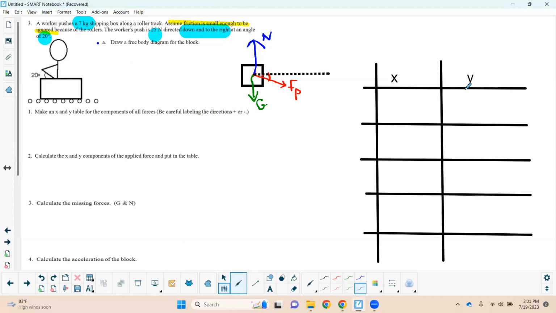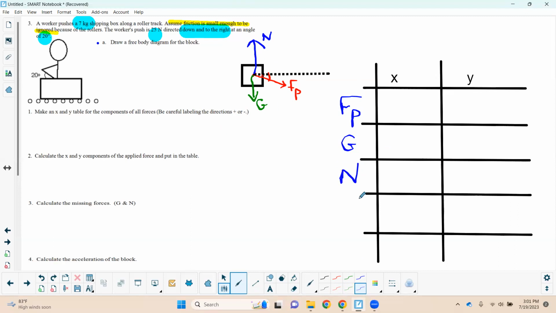So the next thing is the table. So I already have a table set up here. And I'm going to list the forces. So you get all the forces that are in your table from your picture. So I'm just going to write FP for the push from the person, G for the force of gravity, N for the normal force. And that's all my forces.